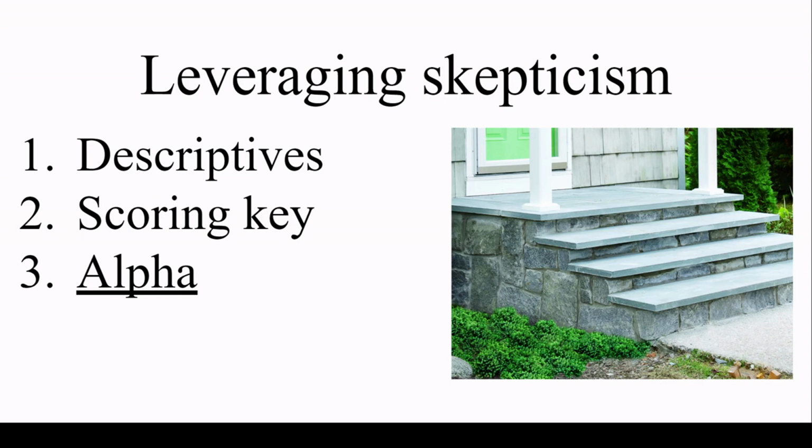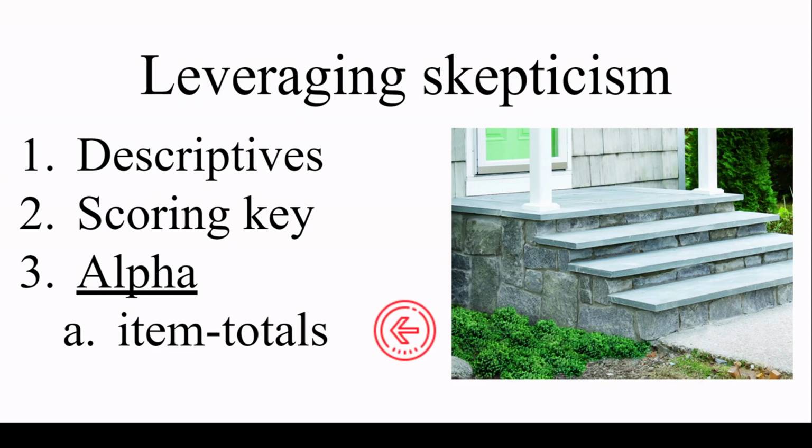This first intro to forensic alpha analysis is going to keep it simple, and we're going to focus on only a couple descriptive diagnostics. Scoring key I've already alluded to. So, the biggie that we're going to probably spend the most time on is not actually alpha, but a secondary index that you'll get with your alpha analysis, and that is the corrected item total correlation.